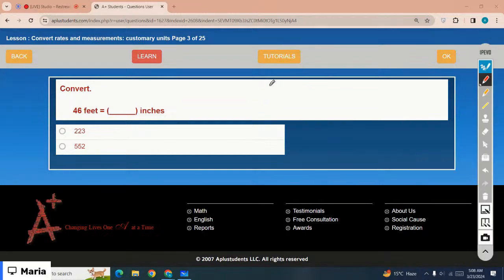Sorry, feet is a bigger unit than inches, right? 1 foot equals 12 inches, so you have to multiply.